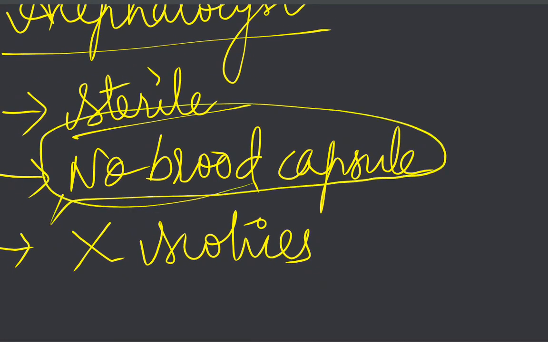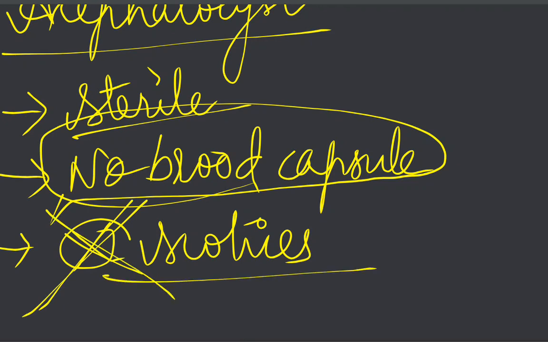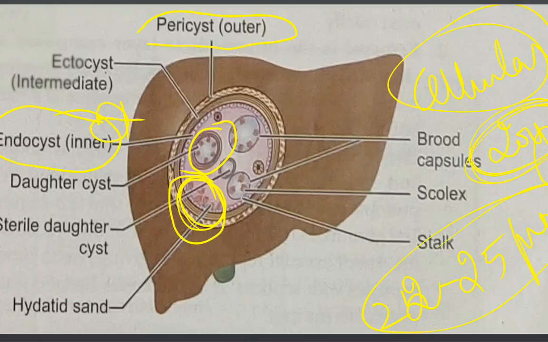Even if they produce brood capsules, they may not produce scolices.